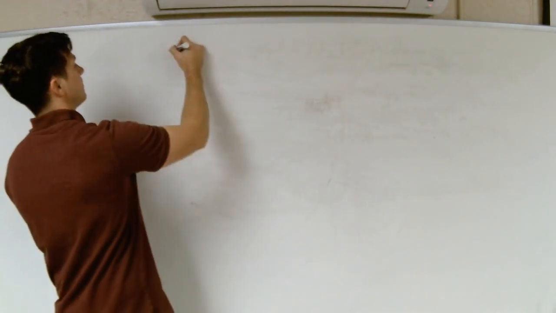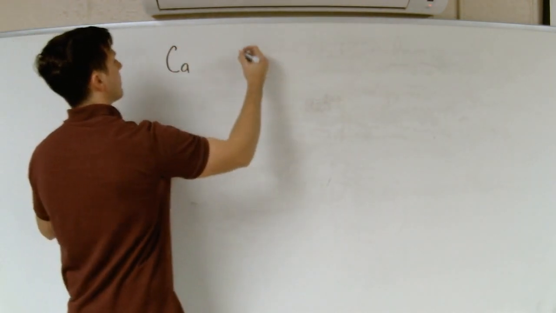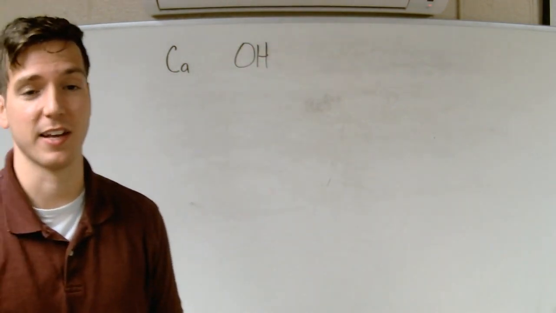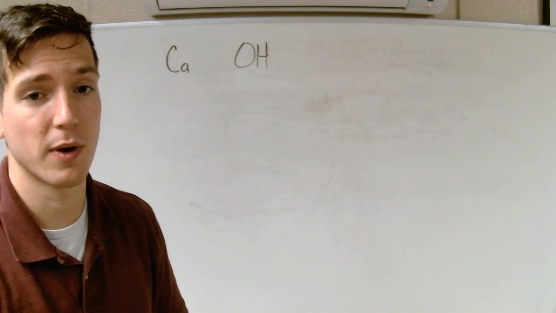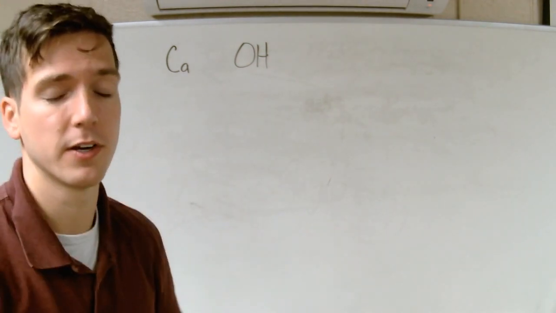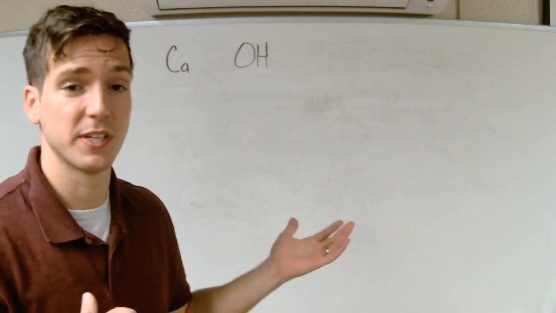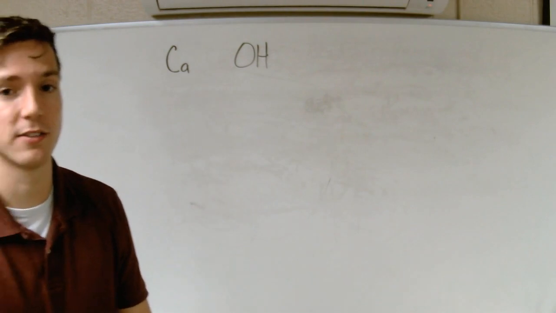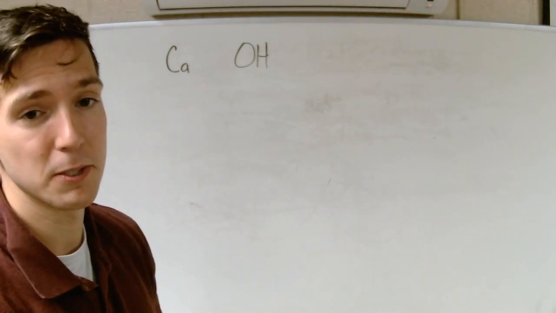I'm going to say we have calcium and hydroxide, and we're going to combine them and make sure that they are neutral, just like our regular ions or atoms the other day. First, let's list the charges. Ca is calcium, just an element.